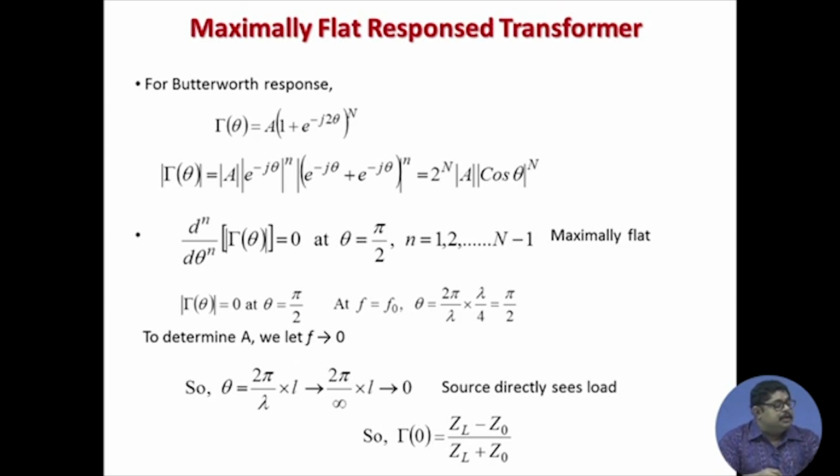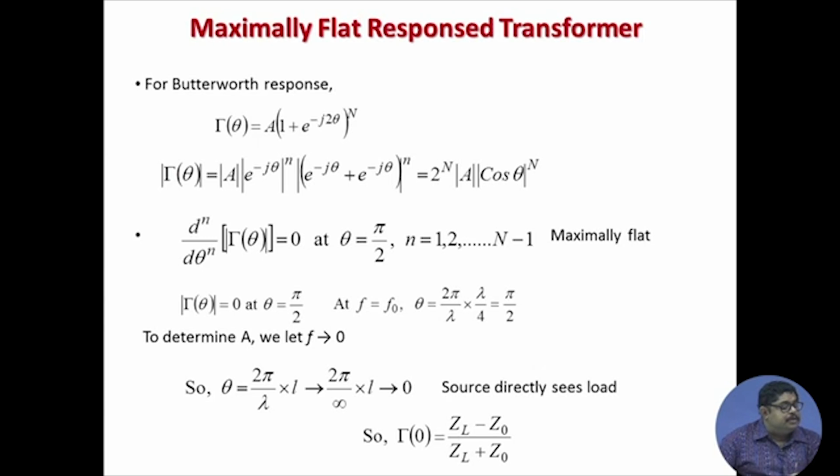So, the rest is mathematics just to expand, and if you find that overall response, maximally flat means up to the nth differentiation of the reflection coefficient function will be 0. That means it will be flat up to nth order.